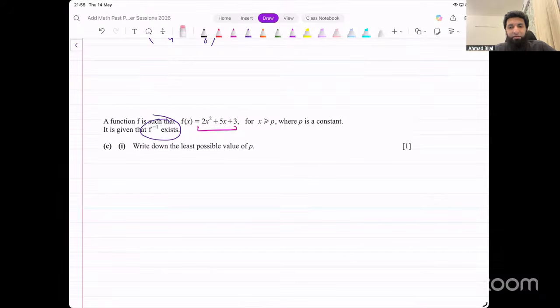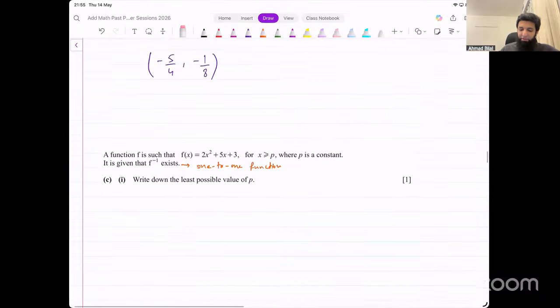If f inverse of x exists, that means it's a one-to-one function. Okay, it's a one-to-one function. We need to find the least possible value of p.